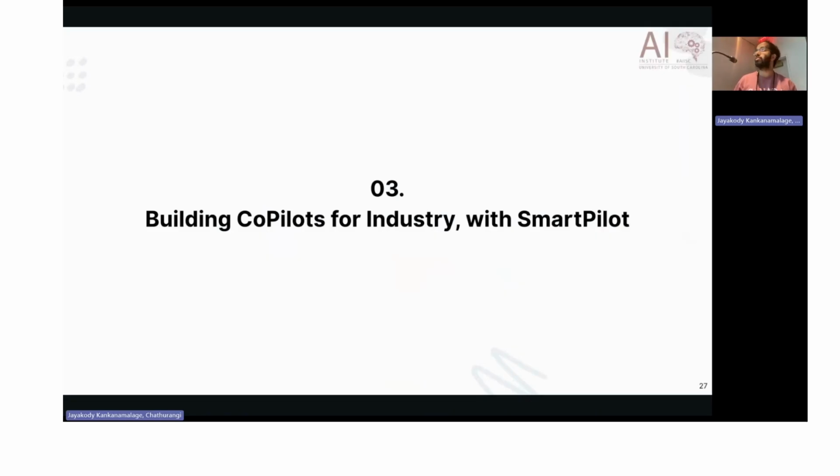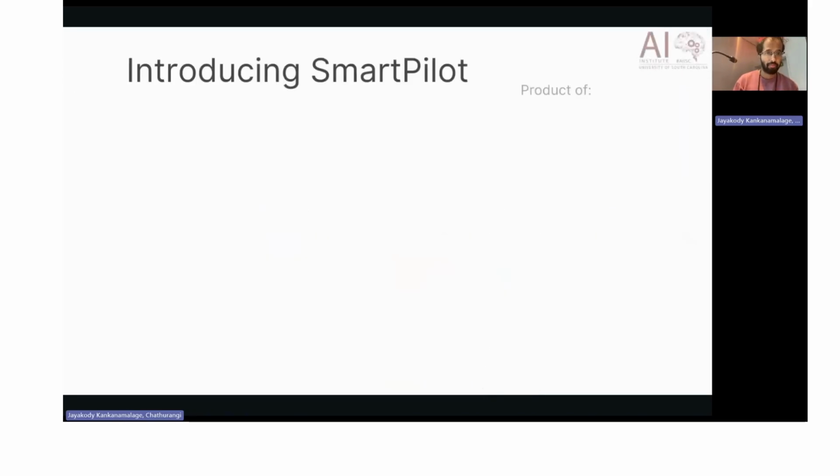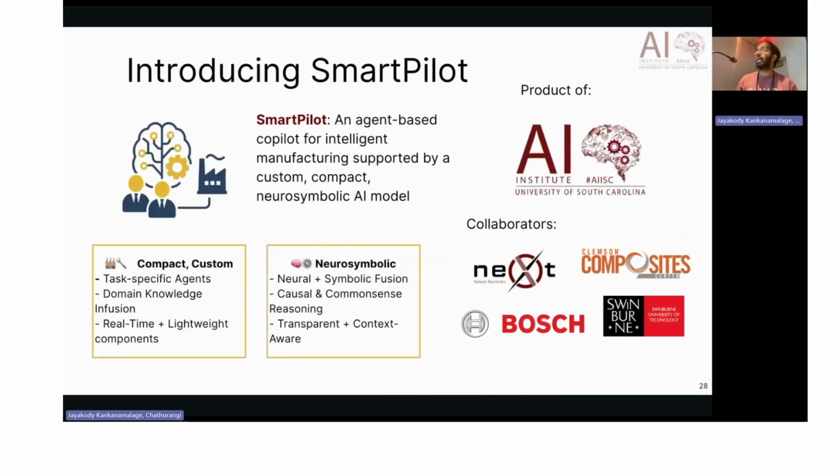So now we are going to talk about SmartPilot, which is what we developed, a copilot for manufacturing. So let's formally define it. SmartPilot is an agent-based copilot for intelligent manufacturing supported by a custom, compact, and neurosymbolic AI model. So what are these terms? Custom means it's task specific.